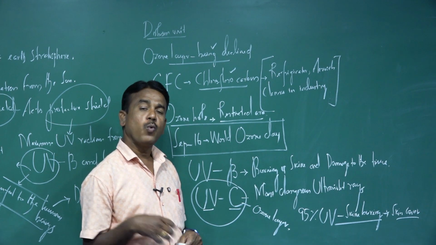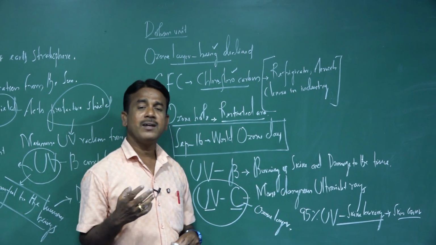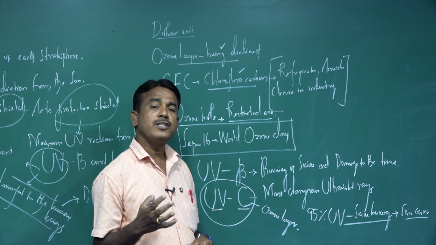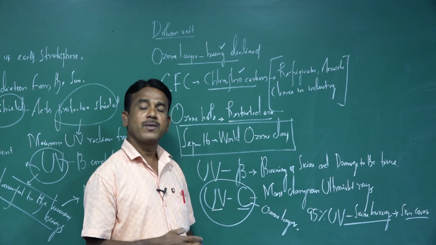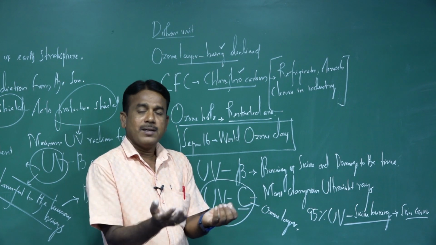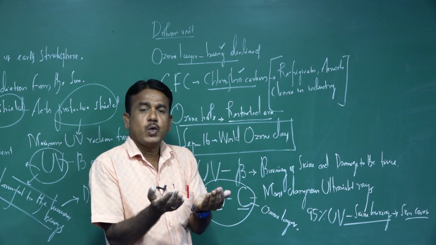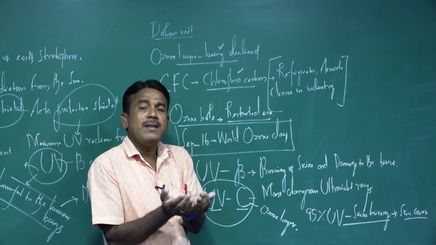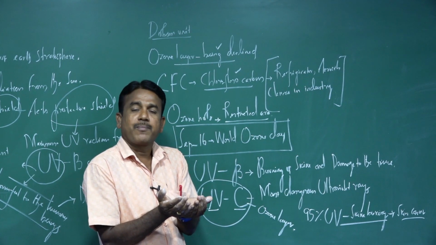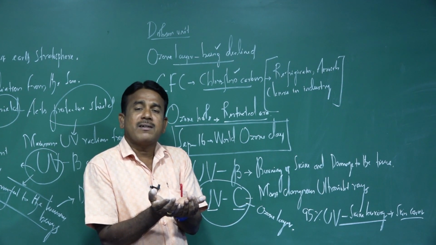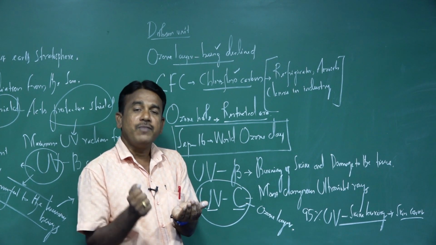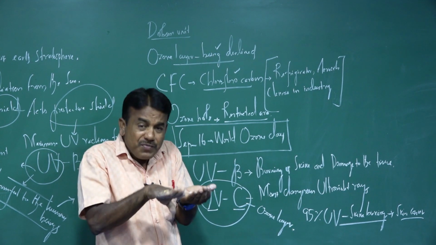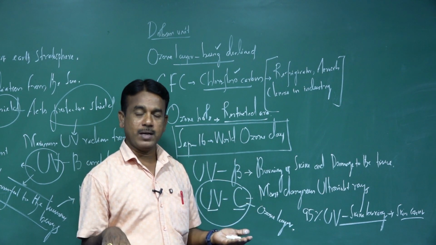So what are the things to be initiated by the world's scientists? The earth is a good place for the well-being of all kinds of living organisms. For all living organisms to survive well, we need a uniform thickness of the ozone layer.